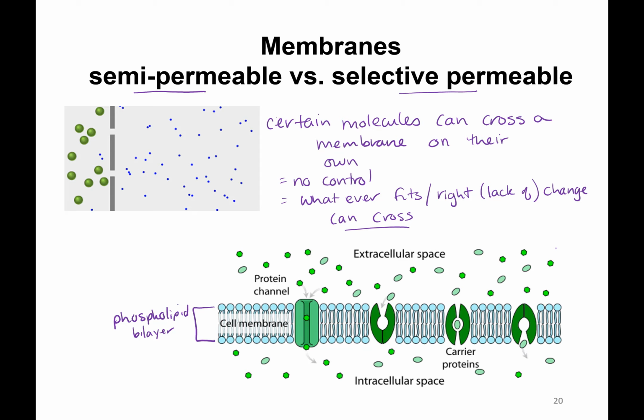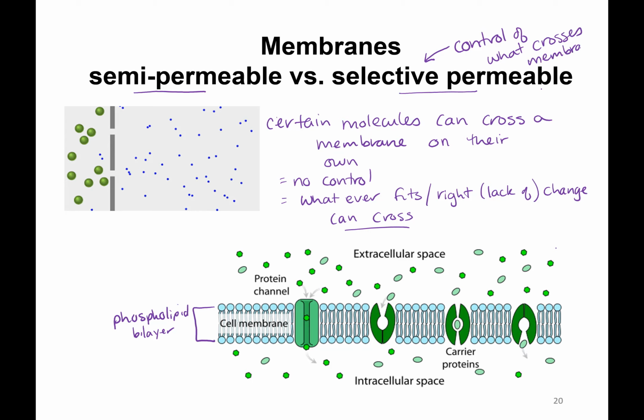So you don't have control of what goes through a semi-permeable membrane. Selective permeable is where our cells get their functions, and that means the cell has control of what crosses the membrane.